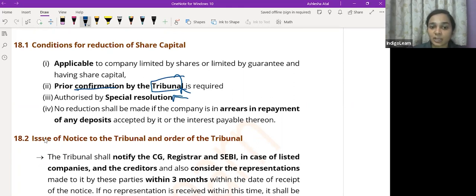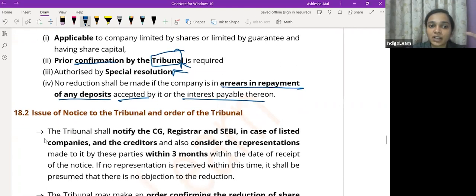And no reduction shall be made if the company is in arrears in repayment of any deposits accepted by it or the interest payable thereon. So if there are any deposits which are to be repaid by the company and the company has not repaid them, then in that situation reduction of share capital will not be allowed. So these are some of the conditions which have to be complied with by the company whenever it is contemplating a reduction in its share capital.